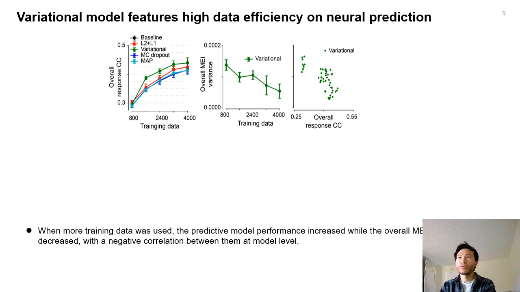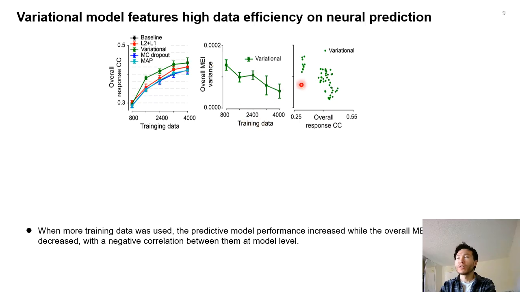We also apply our method on a second dataset. With small training data, we can see that these models had better performance. We see that our variational method, the green one, has better or comparable performance with other models. Also, with more training data, the MEI variance also decreases.